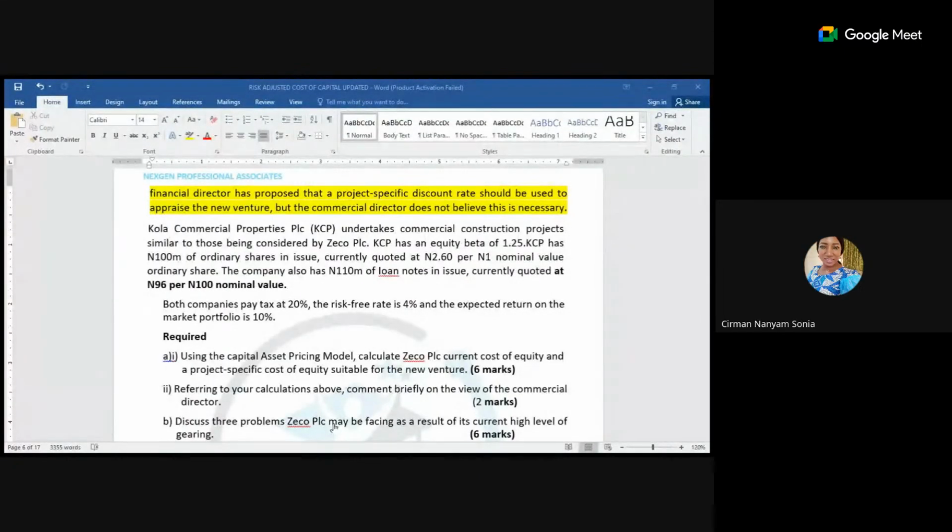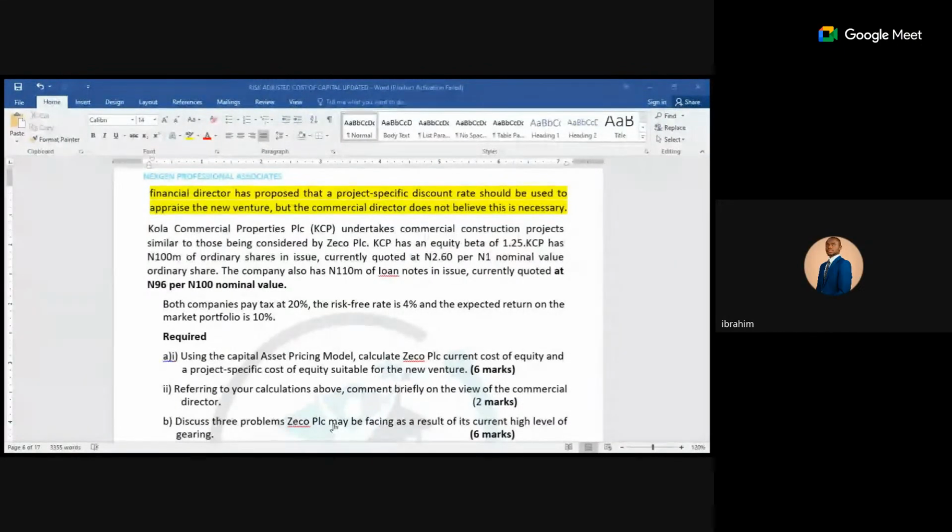The view of the commercial director is wrong, because when a company is trying to engage in another business, it is good that they try to compute the business risks of that company. Okay, so his view is not correct.